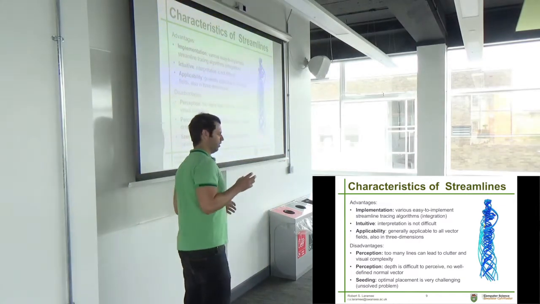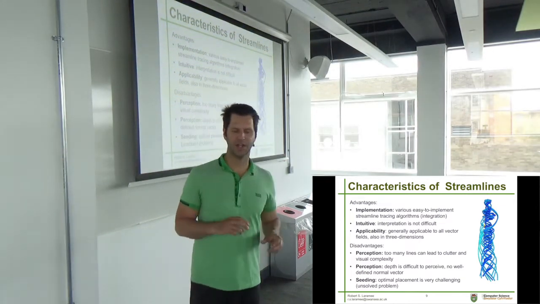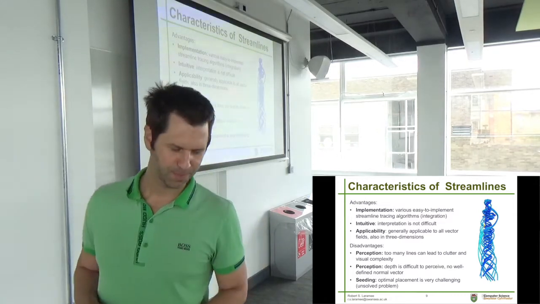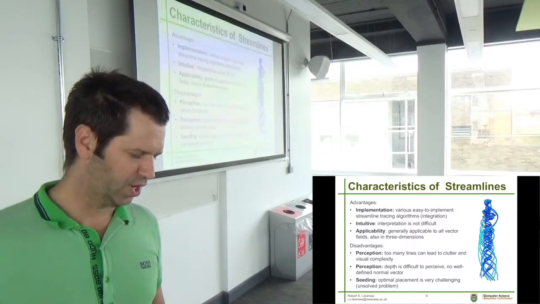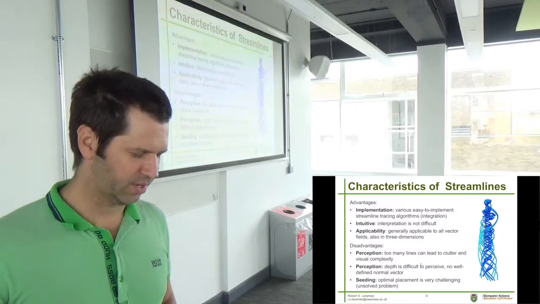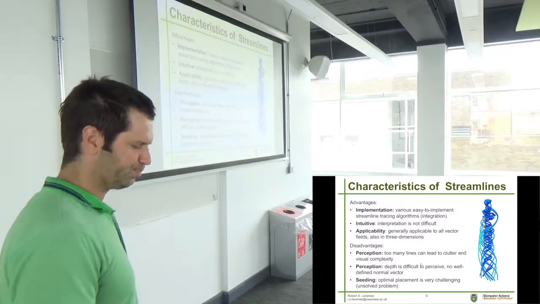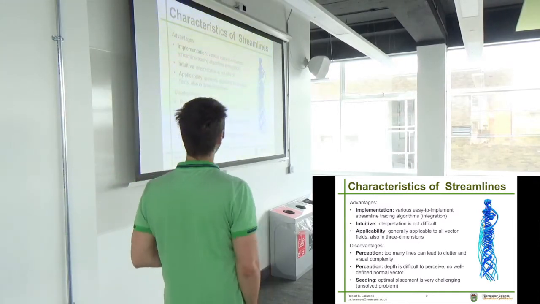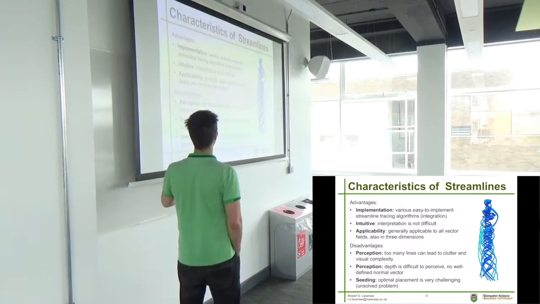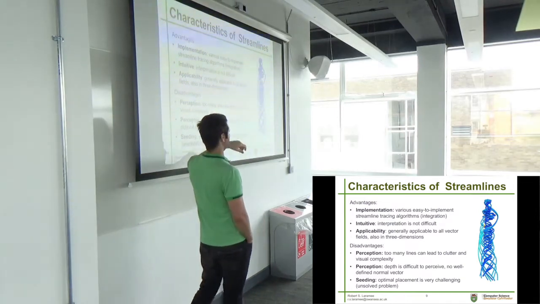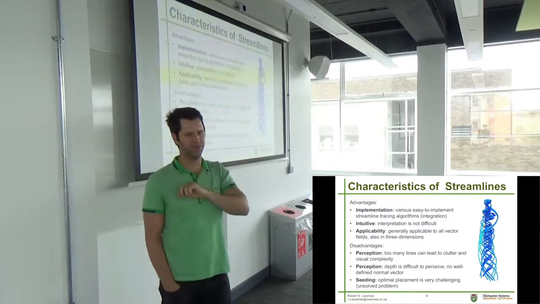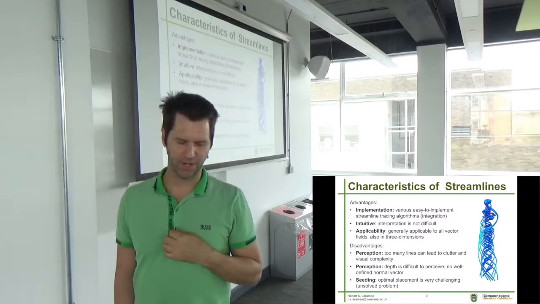Because it's more difficult to apply shading and lighting techniques. And therefore, without the shading and lighting, depth is more difficult to perceive. That's because curves, 1D curves, don't have a well-defined normal vector, which is the key property you need for lighting and shading.